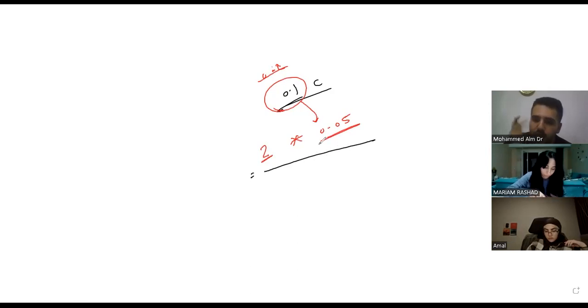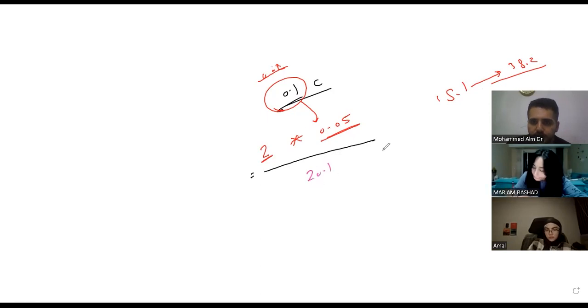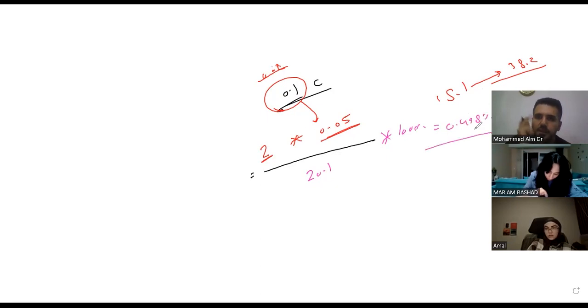The temperature was 18.1 and increases to 38.2. What's the difference between them? 20.1, right? Multiplied by 100%. And the answer will be 0.249%.